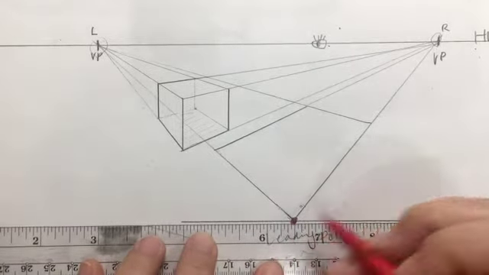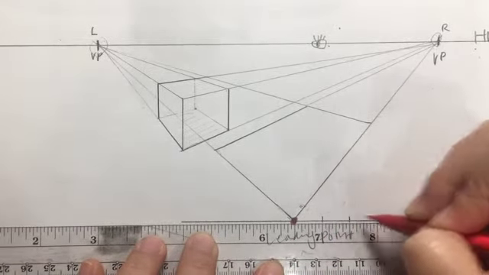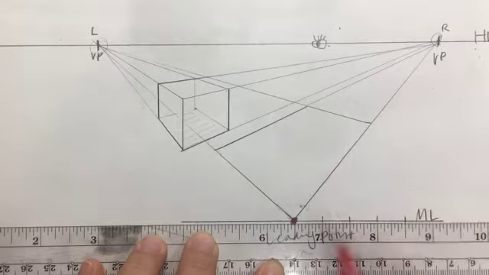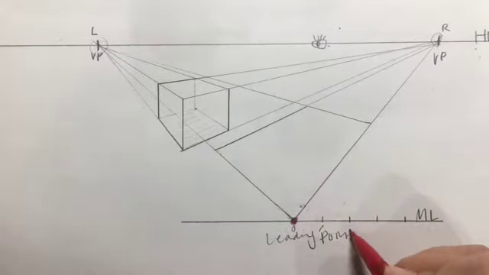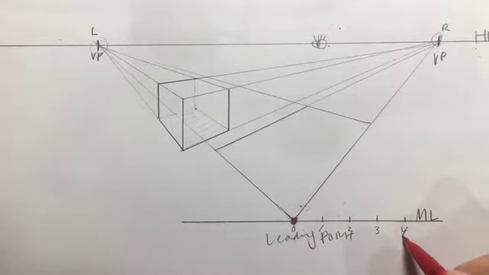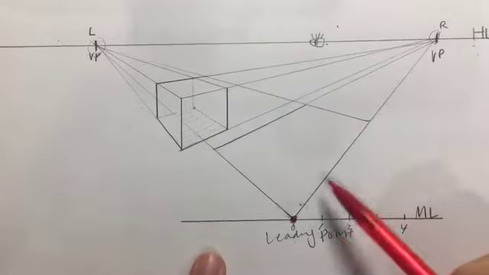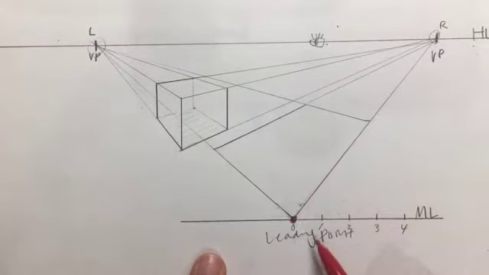So from here, I use half-inch increments. So 0, 1, 2, 3, 4. So I'm going to divide this into 4 equal lengths, okay?